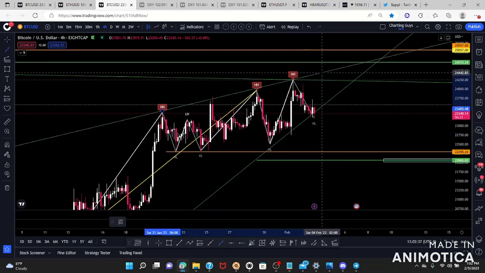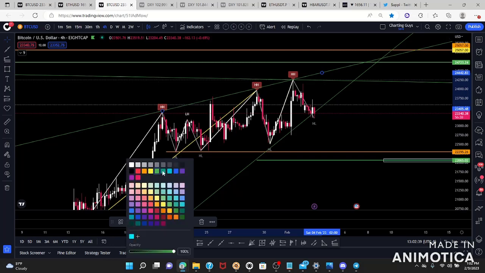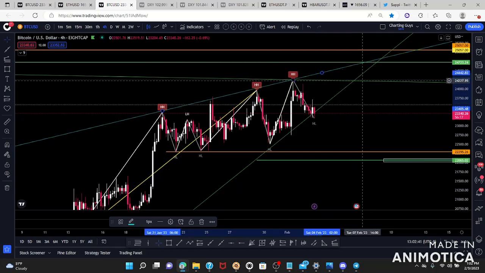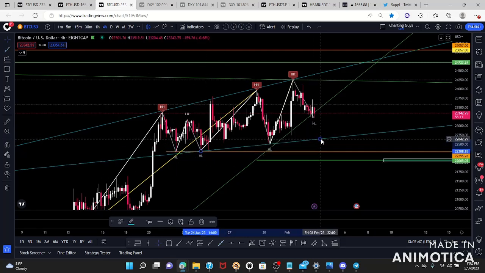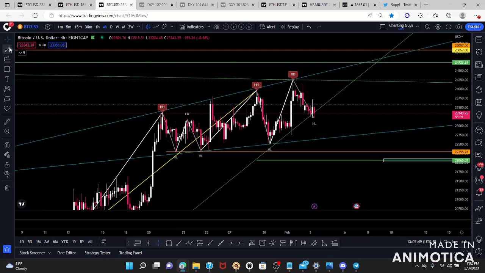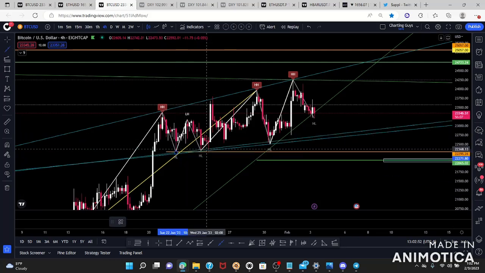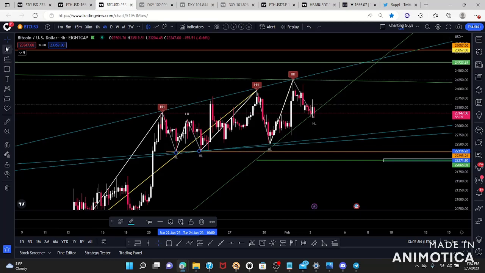So I'm going to connect my highs. Let me change the color. So 4 hour place will be blue, trend lines. And I'm going to connect my lows here. Right, 2-point touch is good enough.